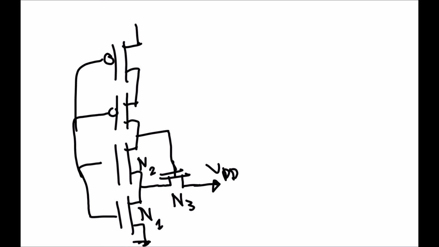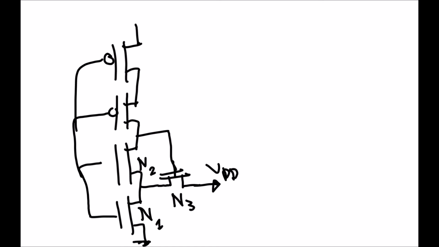So let's say that N1 now will be very small size, or will have very high resistance. We know that if we remove the N3, we will reach the state of CMOS inverter without hysteresis. So how can we qualitatively explain this?